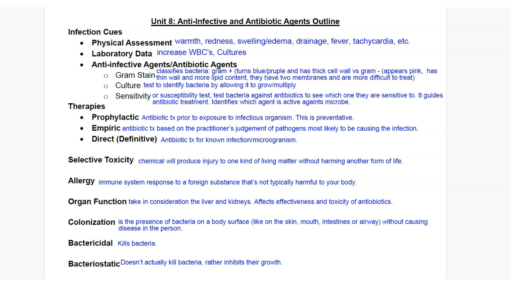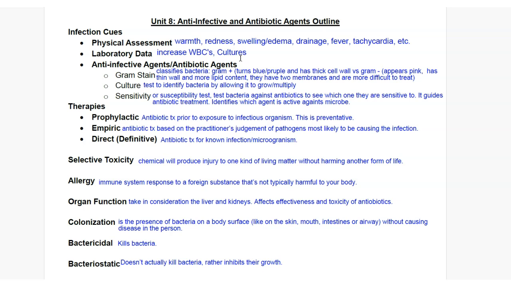It is not uncommon though to see a decrease in WBC, although it's more common to see an increased WBC. Some patients, when their immune system is too overwhelmed, react to an infection in the opposite way, and it may drop their WBCs. But generally speaking, when there's an infection, the WBCs are up.